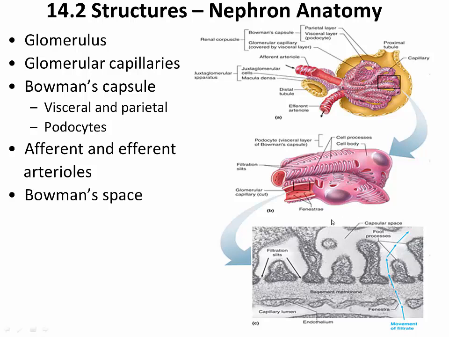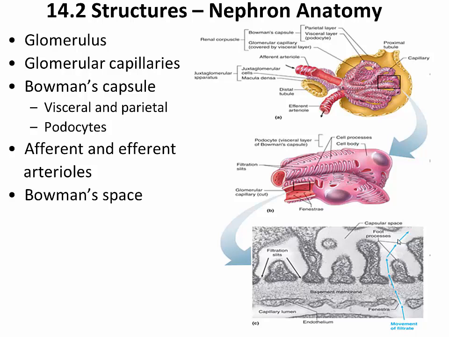And then it moves through these filtration slits that are in between the so-called foot processes of those podocytes, which are the specialized cells that make up the visceral layer of Bowman's capsule. And so that's the journey that the so-called ultrafiltrate takes. The ultrafiltrate is going to be modified considerably, but eventually what remains after that modification is urine.